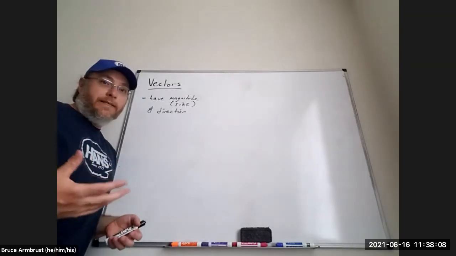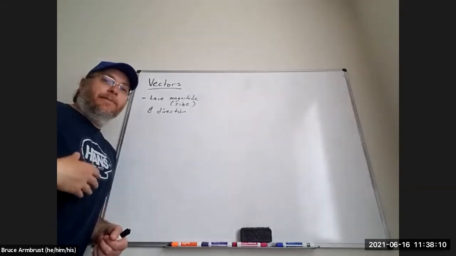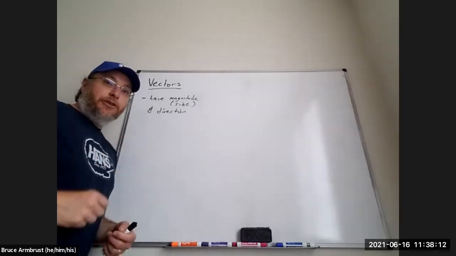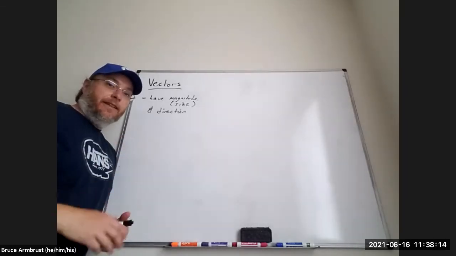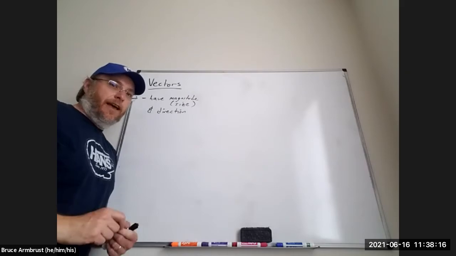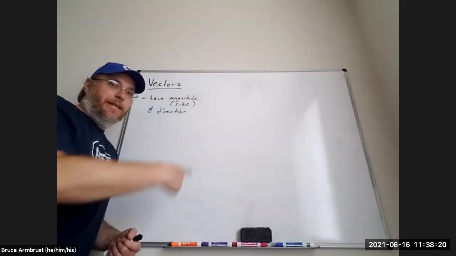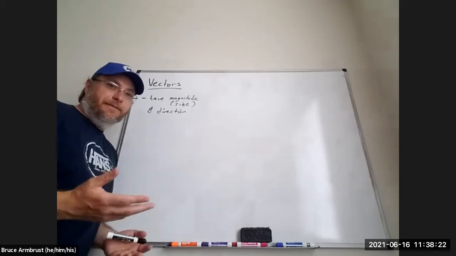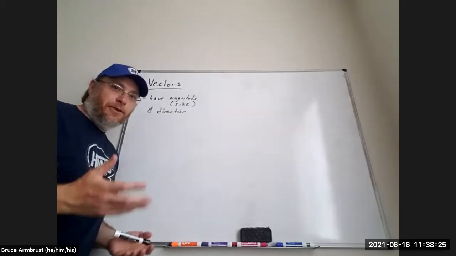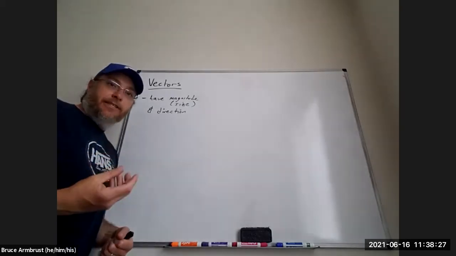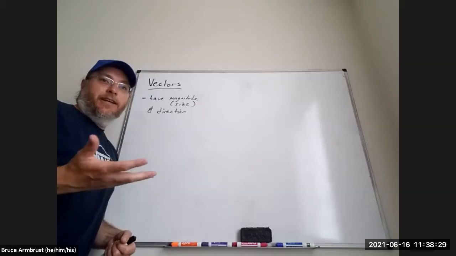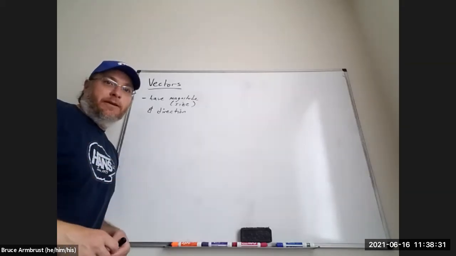So we don't always need direction, right? Like think about age. If I ask you your age, it's not like you're going to say, I'm 25 in that direction, or I'm 39 that way. No, you're 25 years old. You're 39 years old, right? Age is an example of something that is not a vector. Another thing that's not a vector is temperature.